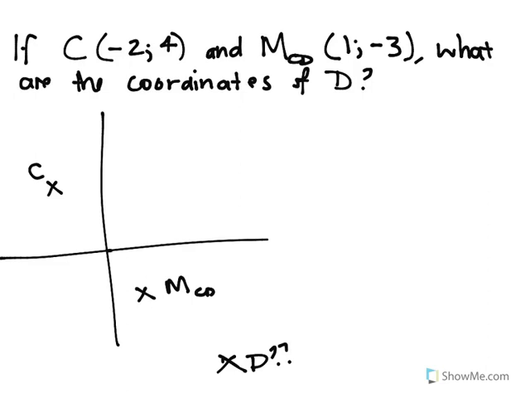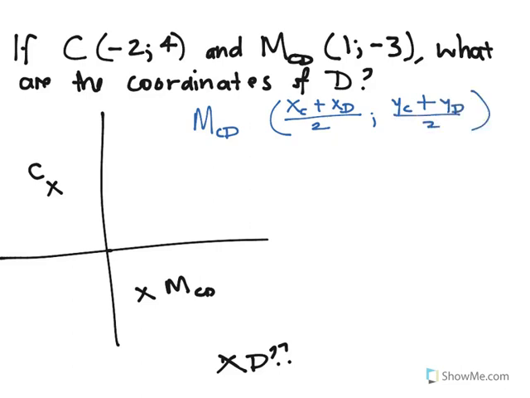So we know that the midpoint between C and D is found by taking the average between C and D's x coordinates and the average between C and D's y coordinates, right?